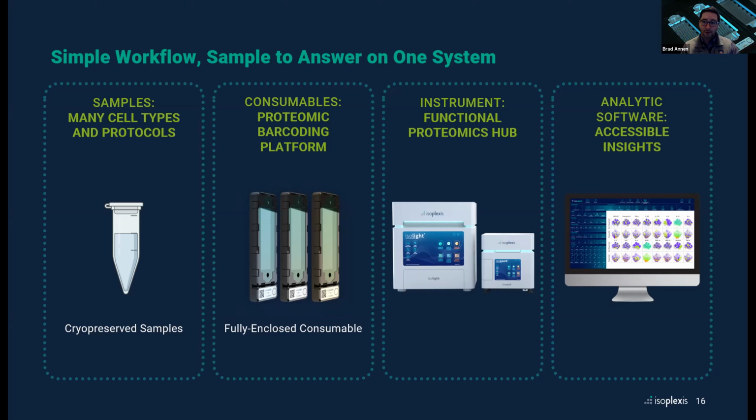To take a look at the workflow itself, you can see a couple boxes at the different steps. For the sample preparation, for the example on screen here, you can start with your cryopreserved samples. You'll then recover them overnight to really allow those cells to wake up. Then you're going to enrich for a sample cell population.